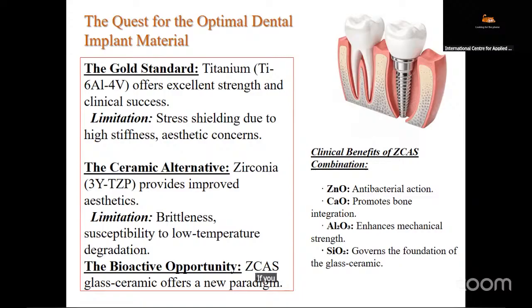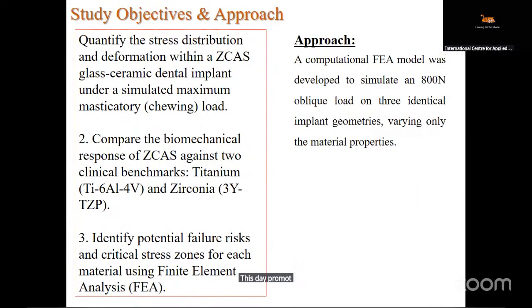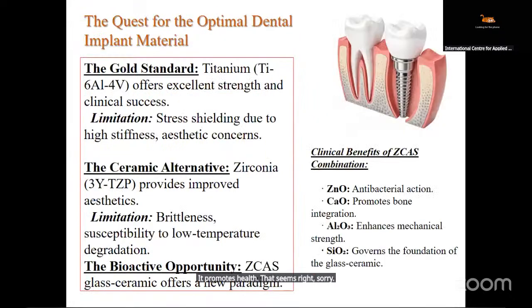And if you go to your clinical benefits of that same material, you listed antibacterial action, and you said it promotes bone integration. I just needed some clarification because it's a health matter.